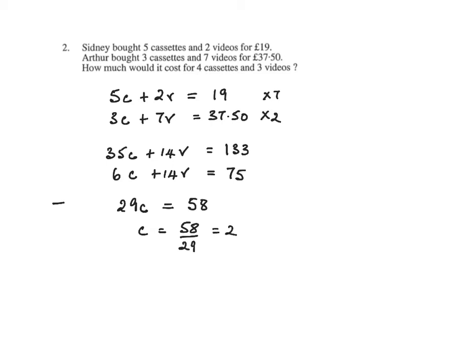And I'll substitute that 2 back into this first equation here. So, or rather, let me substitute it into this equation here. So 5 lots of c, 5 lots of 2, plus 2v equals 19.